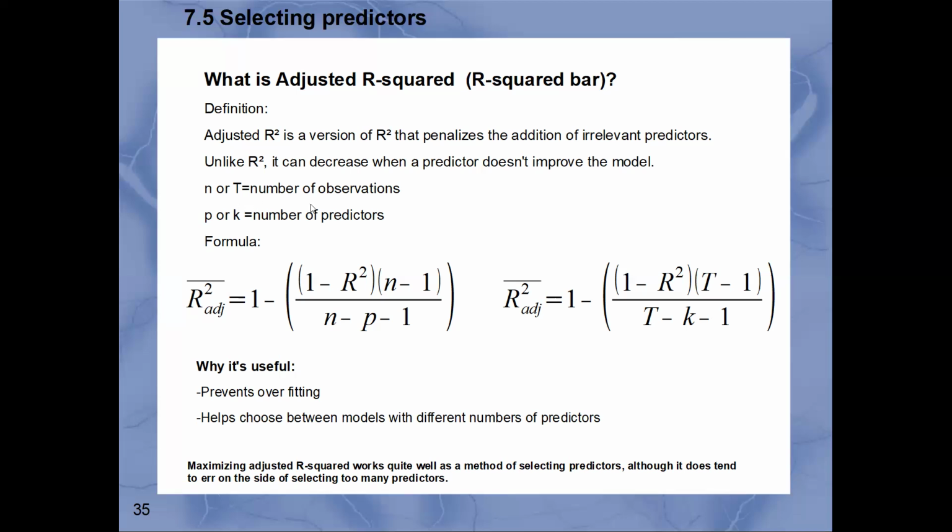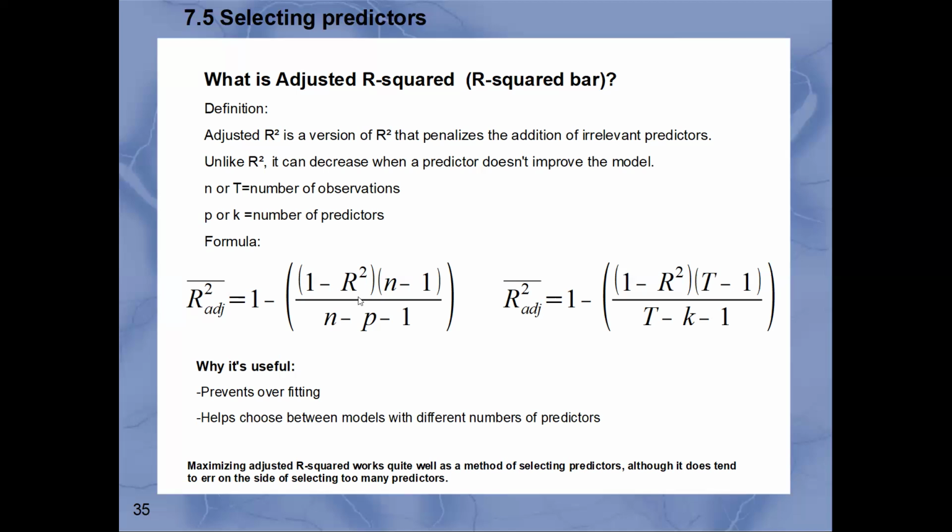If we look at N or T equal to the number of observations and P or K equal to the number of predictors, then we end up with adjusted R squared equal to 1 minus (1 minus R squared), so this is how well your model actually fits the data, times the number of observations minus 1, over the number of observations minus the number of predictors minus 1.